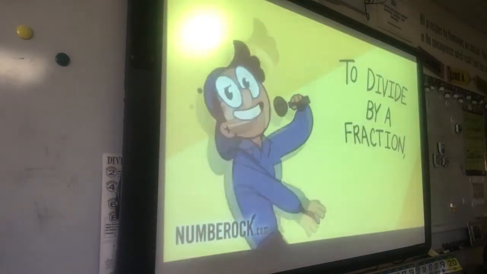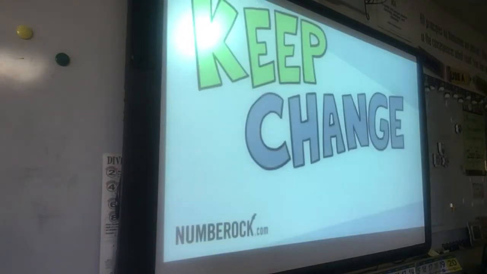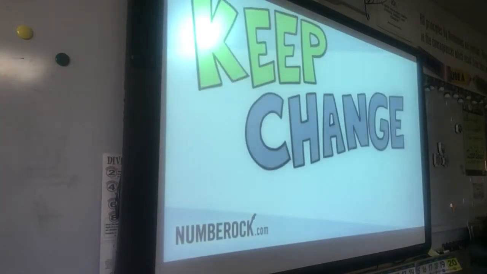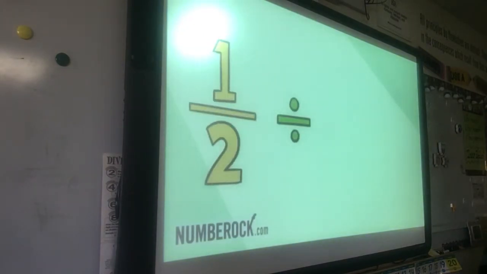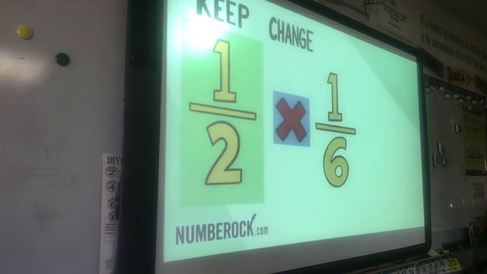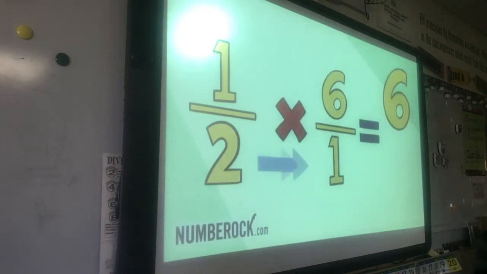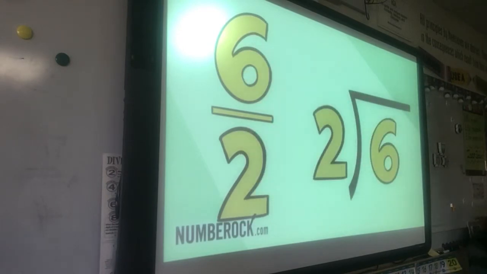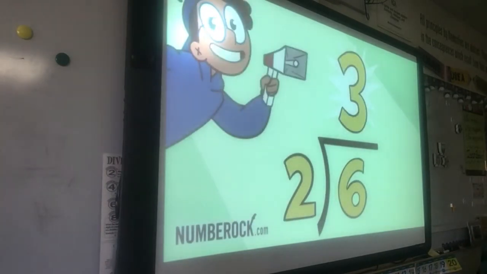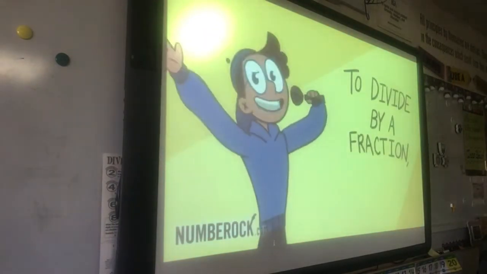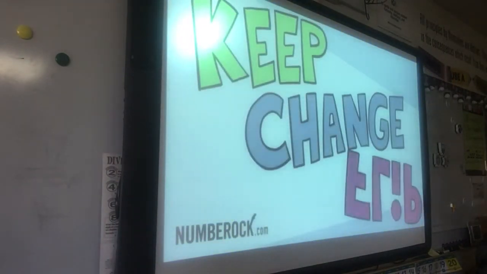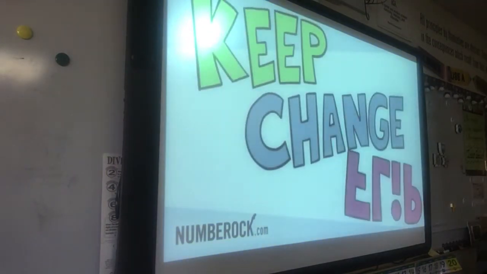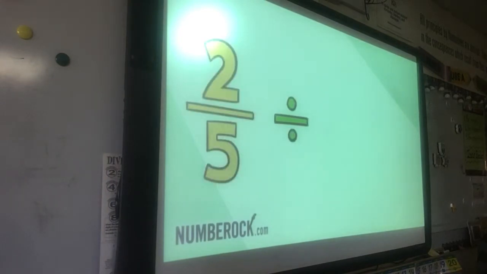To divide by a fraction, here's a tip. Keep, change, flip. To divide 1/2 by 1/6. Keep, change, flip. 1 times 6 is 6 and 2 times 1 is 2. It's an improper fraction, so we're not through. Divide 6 by 2 and the quotient is 3. Keep, change, flip. It's all that you need to divide by a fraction. To divide 2/5 by 1/5.